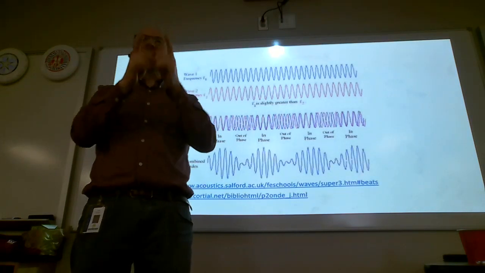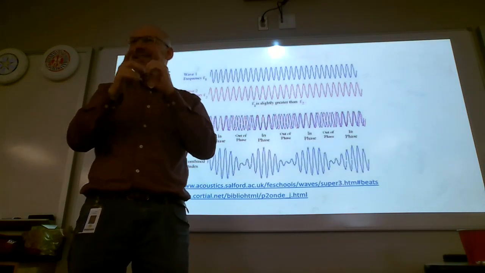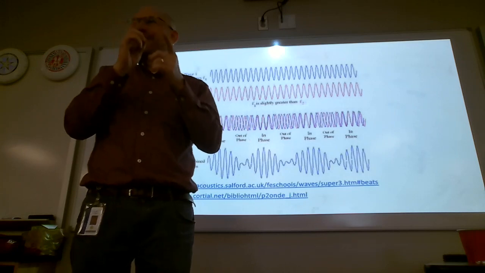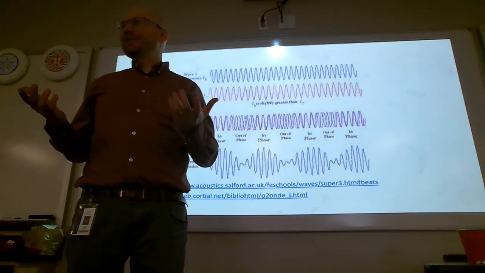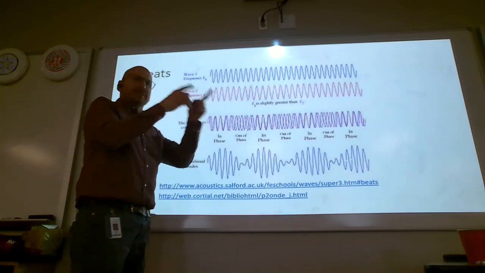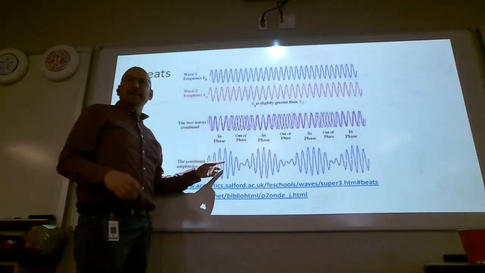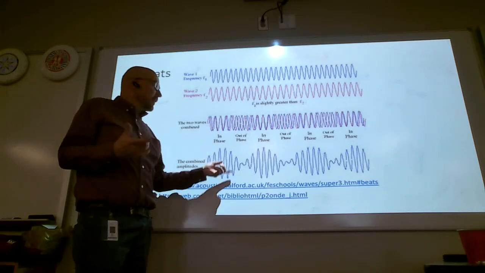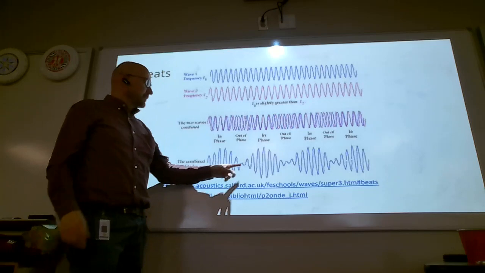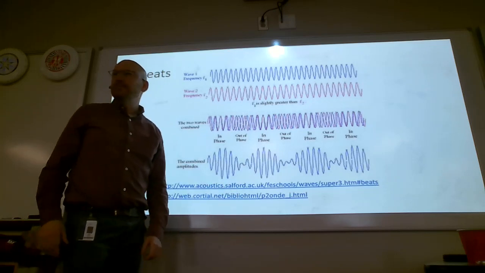Just play this game because there's nothing better to do. Everybody knows, right? Okay. So when they're in phase, if this was a wave, that would be constructive interference. When they're out of phase, destructive interference.